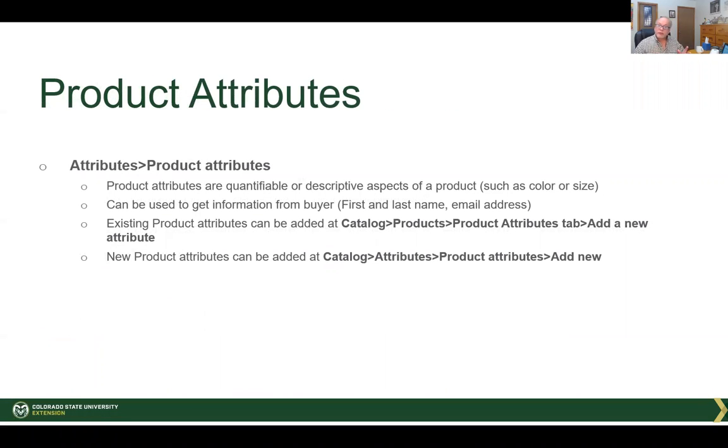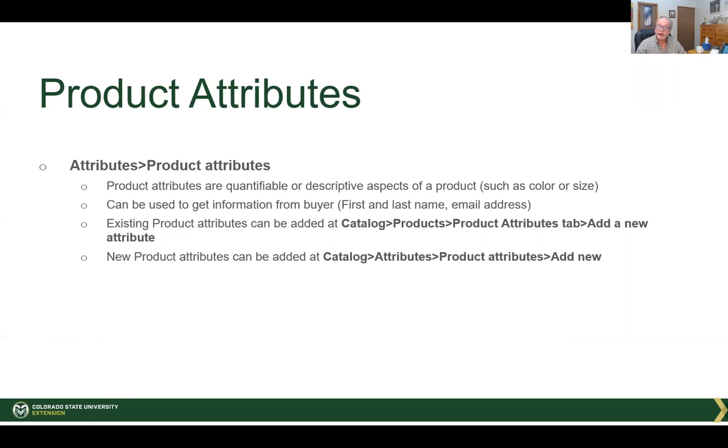Now we're going to add attributes to a product. Product attributes are quantifiable, descriptive aspects of a product, what color the product's going to be, what size, like large or extra large for a shirt. Attributes can also be used to get information from the end user, their first and last name, their email address.